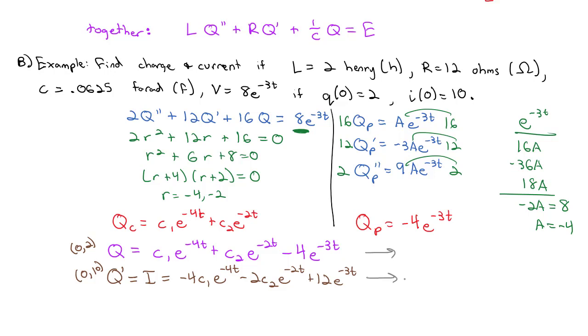Plugging in those initial values, those zeros are nice because all the exponents are going to go to 0, and e to the 0 is 1. So from the first equation, we have 2 equals C1 plus C2 minus 4. And from the second equation, we have 10 equals negative 4 C1 minus 2 C2 plus 12.